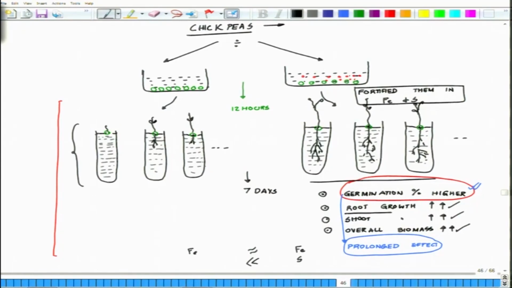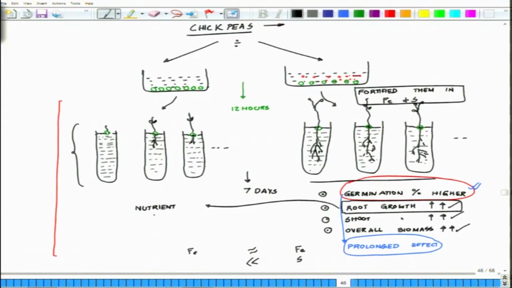The root growth, more root growth, has a different significance, which will come while we conclude this iron pyrite part. What does that mean? Because that is something really very interesting for nutrient deficient soils.